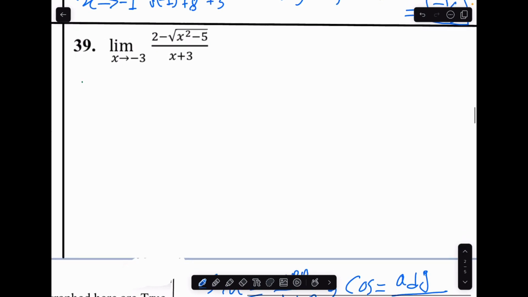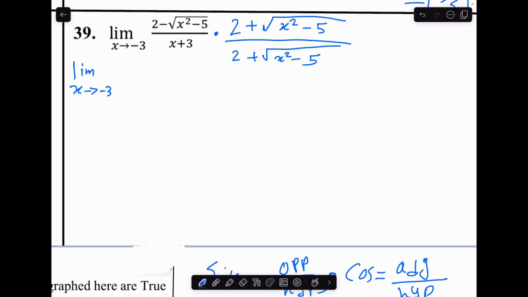Question 39, we will multiply by the conjugate. Limit when x is approaching negative 3, 2 minus square root of x squared minus 5 over x plus 3. 2 multiply 2 is 4. Negative root multiply positive root. We will cancel the root, but the negative will be the same. So negative x squared, negative will be installed in x squared minus 5.